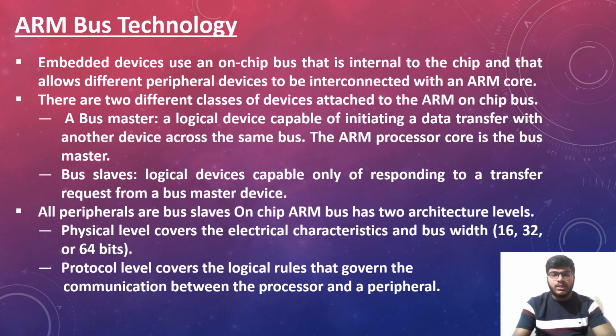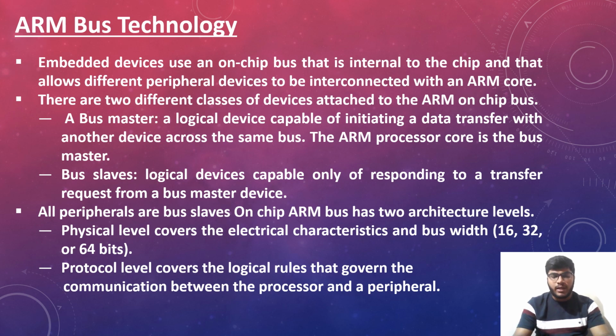The bus slaves only obey the request that is obtained by the bus master. That is given here, that the bus master is a logical device capable of initiating a data transfer with another device across the same bus. And the bus slaves are the logical devices capable only of responding to a transfer of data or a request from a bus master device. And all the peripherals are the bus slaves on chip.